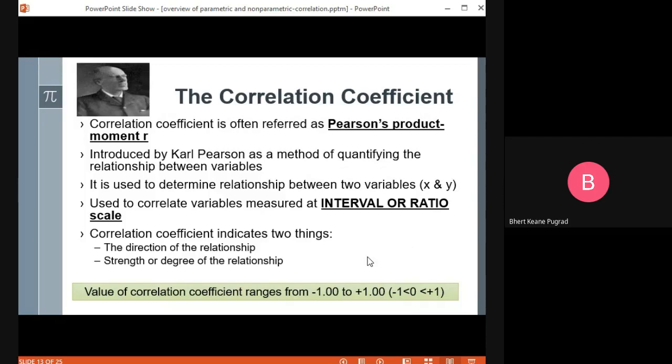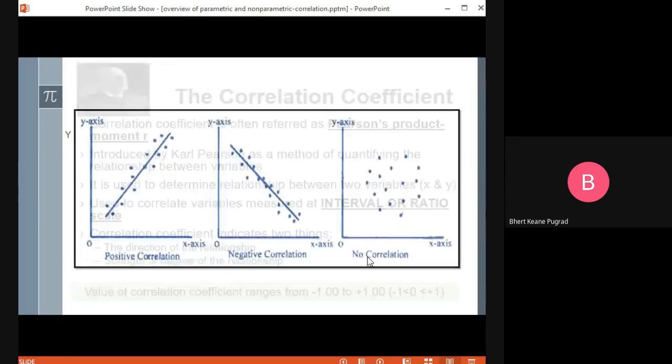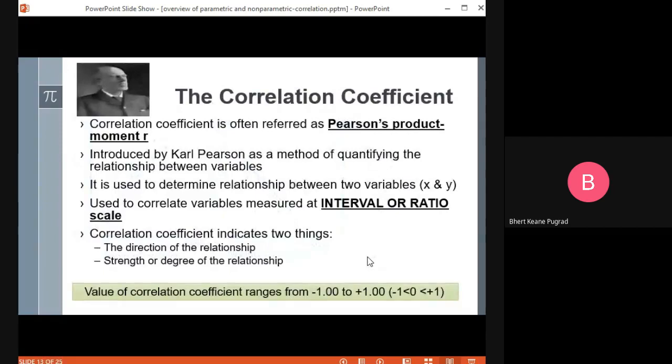So the correlation coefficient indicates two things. Number one, it indicates the direction of the relationship, whether positive or negative, or increasing or decreasing relation, and the degree of relationship. So the value of the correlation coefficient ranges from -1 to +1.